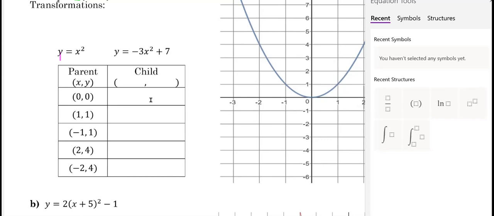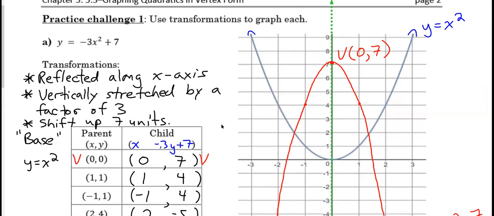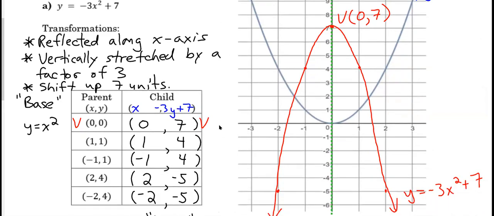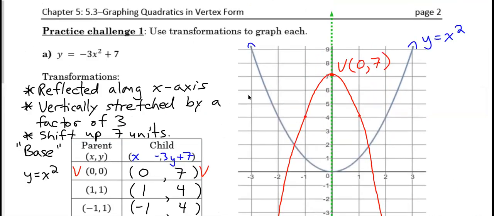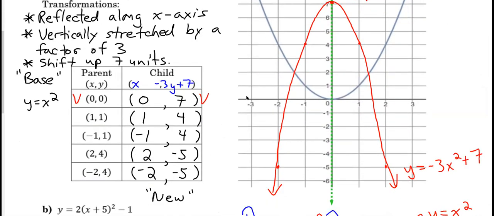Okay, so just to show you how that works. You have a reflection along the x-axis because the A value is negative. It's vertically stretched by a factor of 3 because the A value is 3. Shift up 7, and there you go. So all you're doing is writing in your transformation statements, just as you did previously in the other examples.